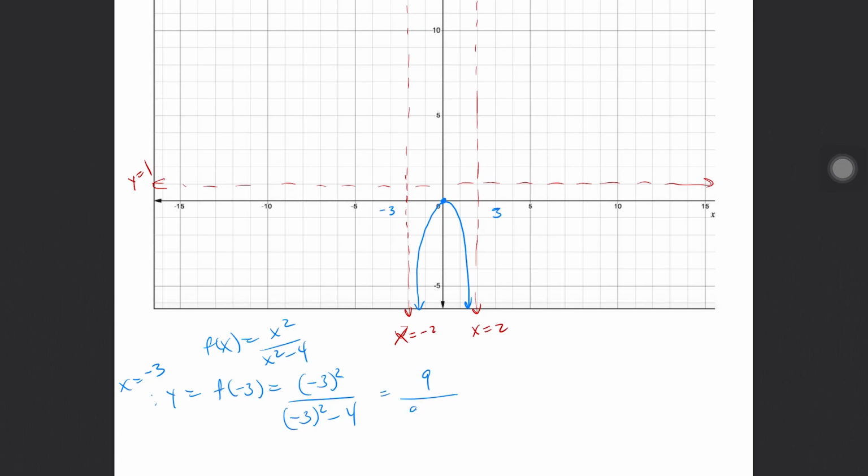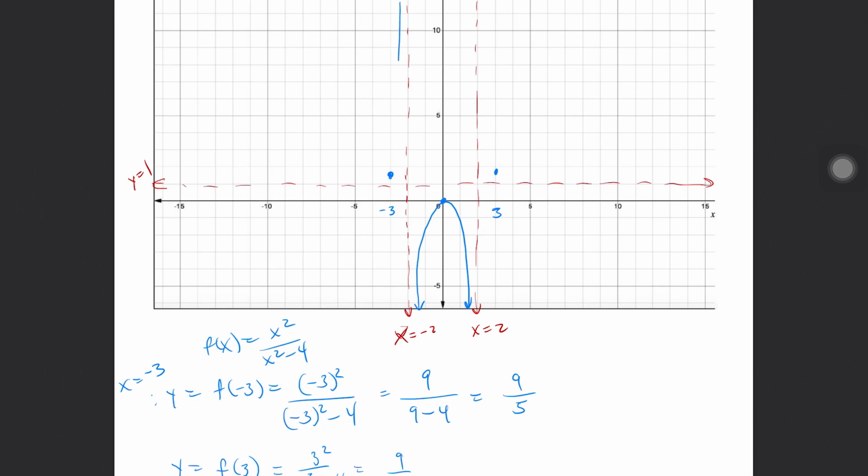This gives us 9 over 9 minus 4, which is 9 over 5, right? So this is going to be somewhere around here. That'll be less than 2, so somewhere in here, that point is going to be. We'll do the same thing for f of 3, and you're going to get the same result, 9 over 5, which means it's going to be somewhere in here.